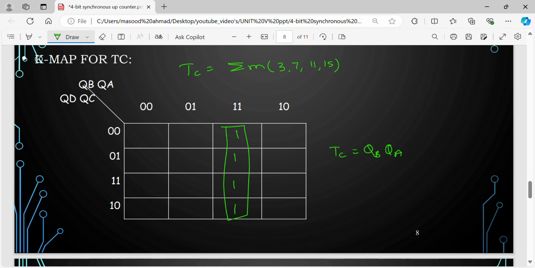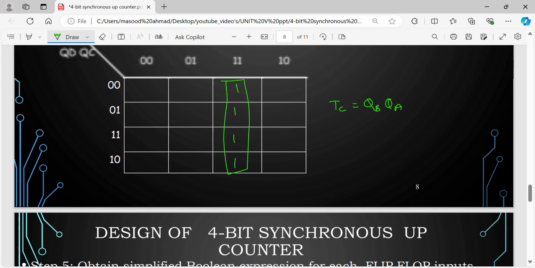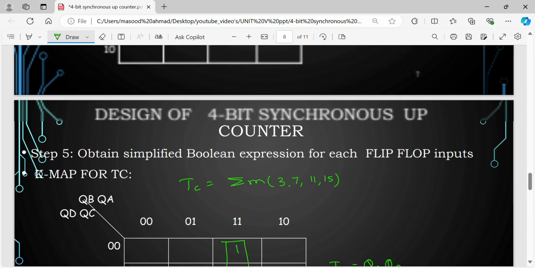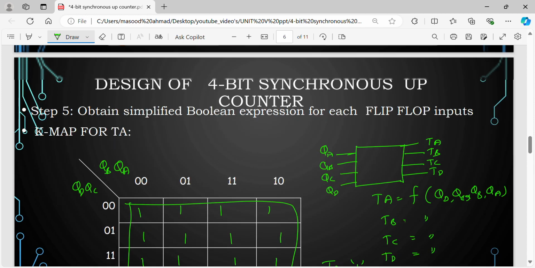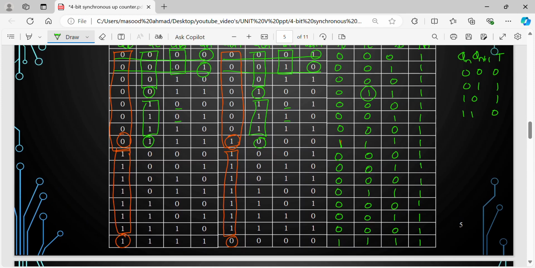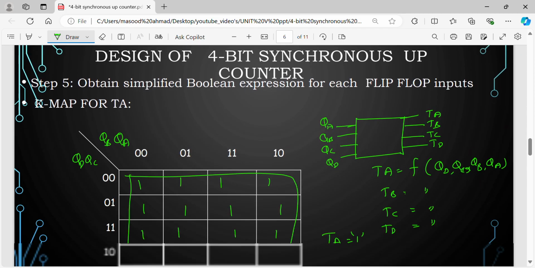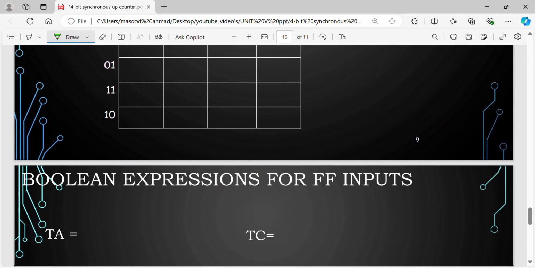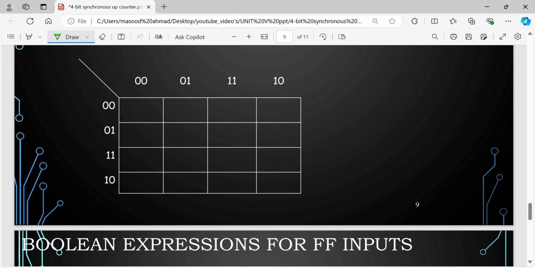Okay. Next we need to look at TD. TD is equal to 1 for what exactly? There are only two entries that are 1 in the table, the one for 7 and the one for 15. So if you consider the 7 and 15 cases, where is 7? 7 is here.